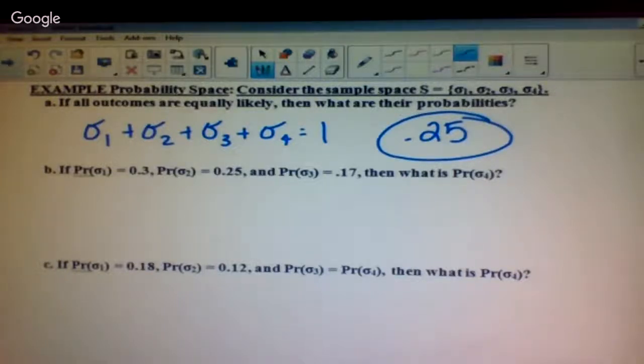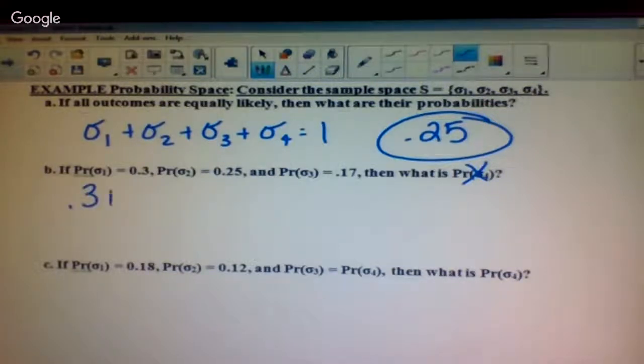So, if the probability of sigma 1 is 0.3, the probability of sigma 2 is 0.25, and the probability of sigma 3 is 0.17, then what is the probability of sigma 4? This is my unknown, so I'm going to make it an X. We said all of the probabilities altogether should equal 1.